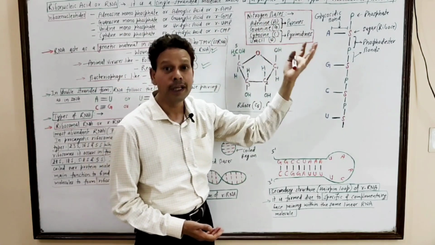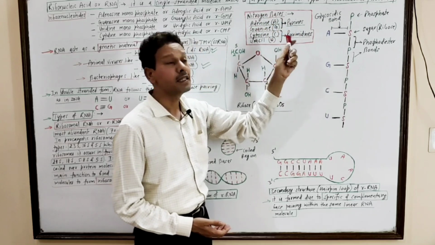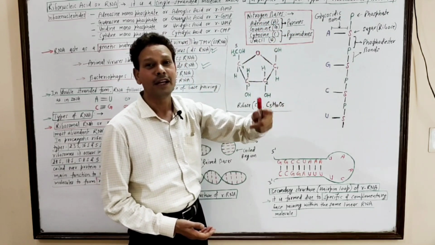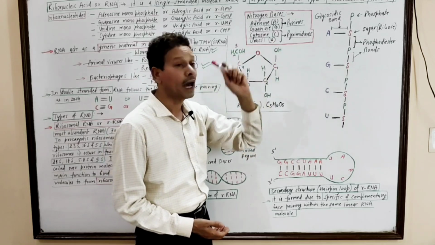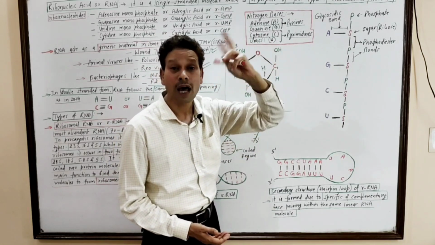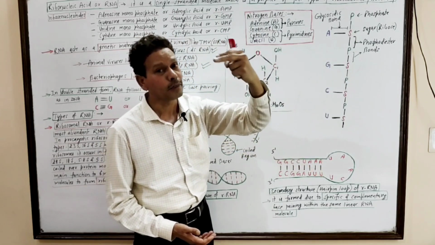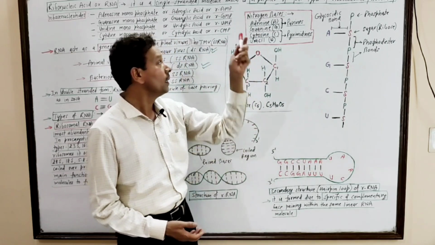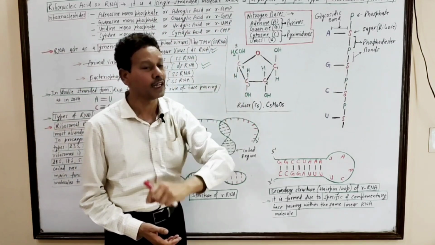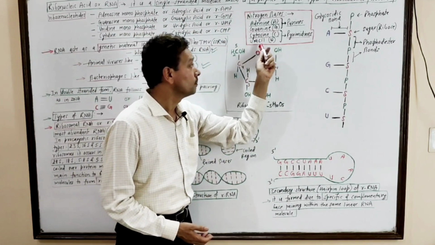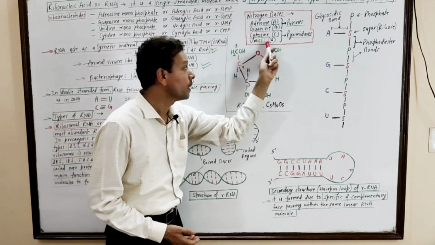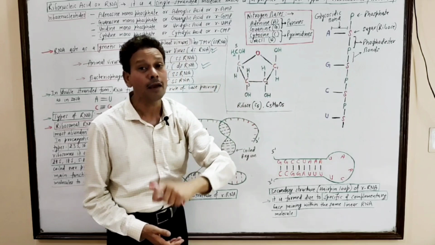But in DNA, these nitrogen bases are adenine, guanine, cytosine, and thymine. It means in RNA, the nitrogen base is uracil instead of thymine. 1 nitrogen base is changed. So in RNA nucleotides, 1 nucleotide is changed, that is UMP, because the nitrogen base is uracil instead of thymine.